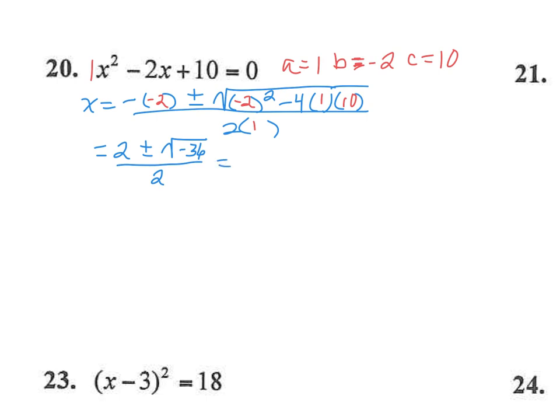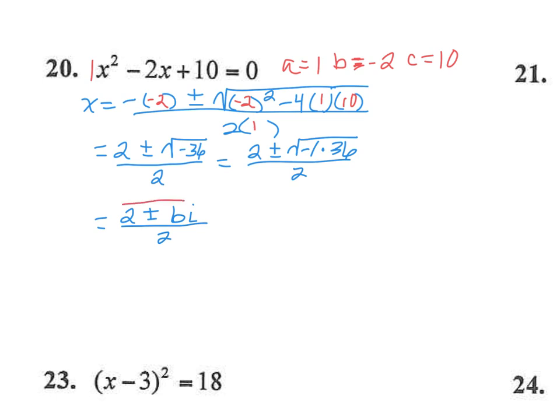If you recall, this is really 2 plus or minus the square root of negative 1 times 36 all over 2. The square root of negative 1 is i, and the square root of 36 is 6. So I end up with a 6i all over 2.